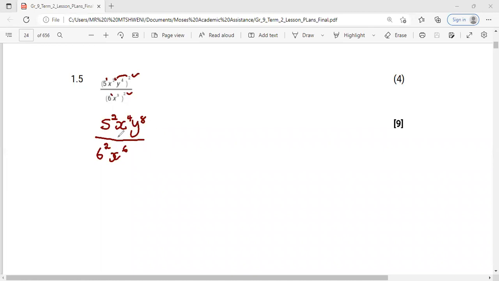Remember, 5 squared is 25, x to exponent 4, y to exponent 8. What is 6 to exponent 2? We have 36, x to exponent 6. All right, let us continue.